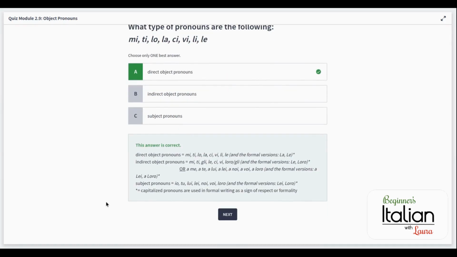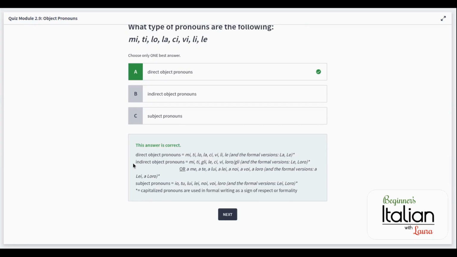Okay, so these were the direct object pronouns. So the direct object pronouns are mi, ti, lo, la, ci, vi, li, le, and the formal versions La and Le. You can tell they're formal because they're capitalized when written.